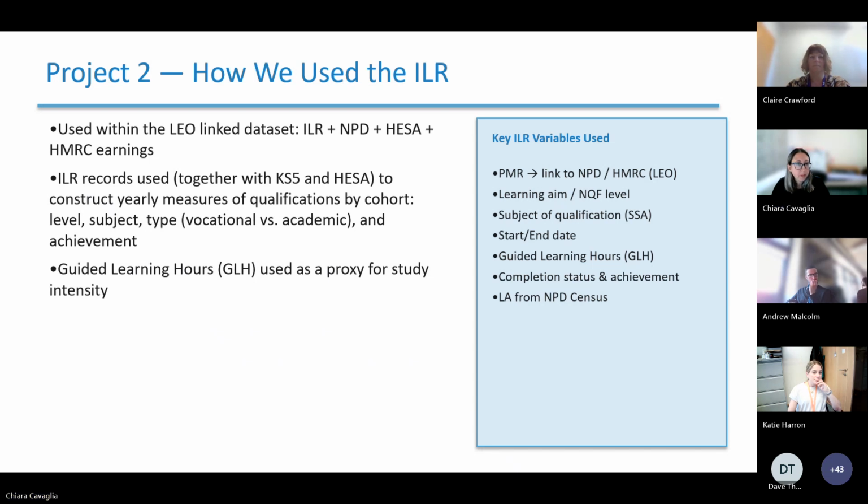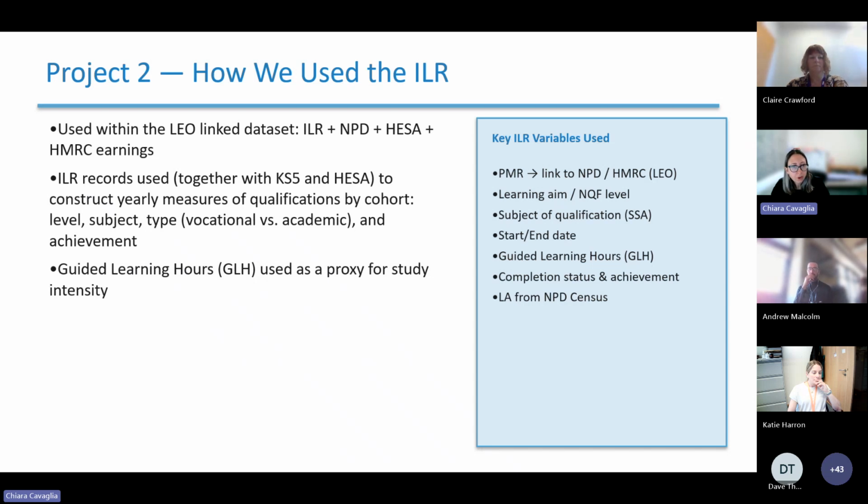What was fundamental for us for this project is that the ILR record used together with Key Stage 5 and ESA provides the complete picture of all publicly funded post-16 education. With ESA, you also have the higher education records, and it allowed us to create a yearly measure of qualification by cohorts.